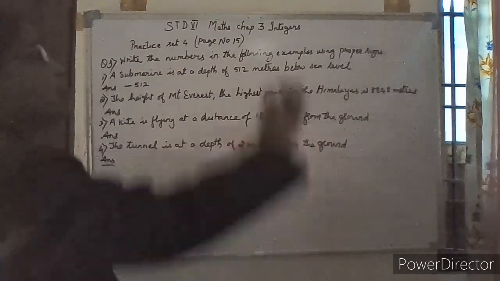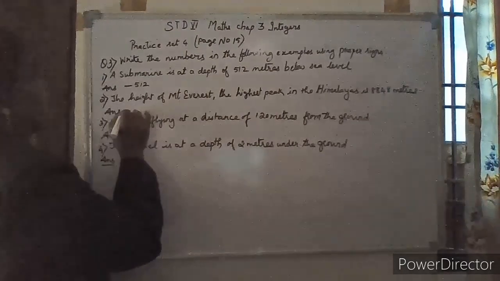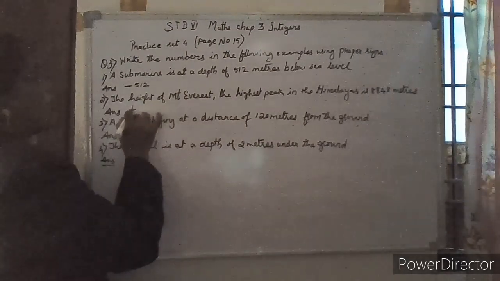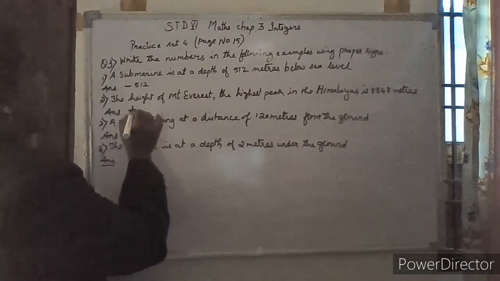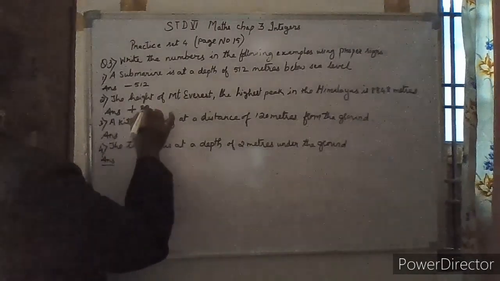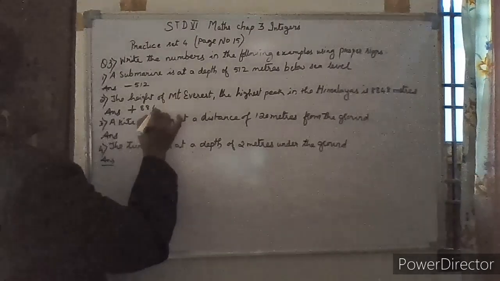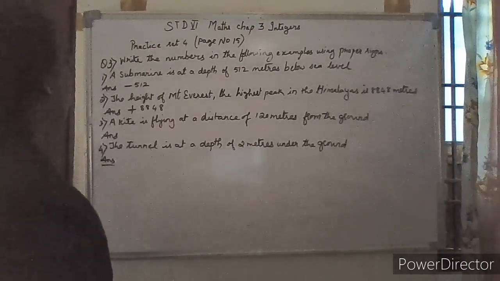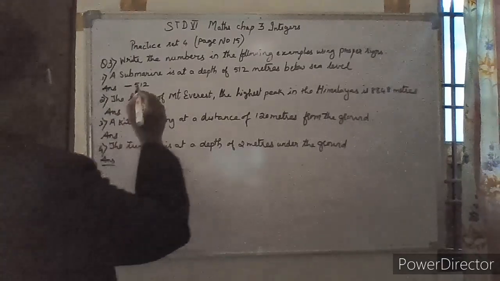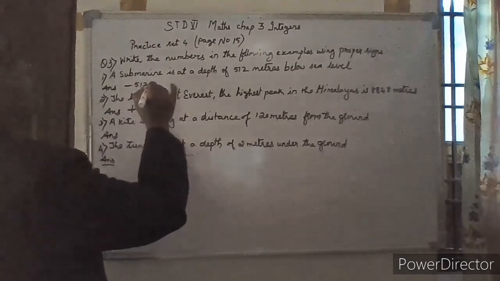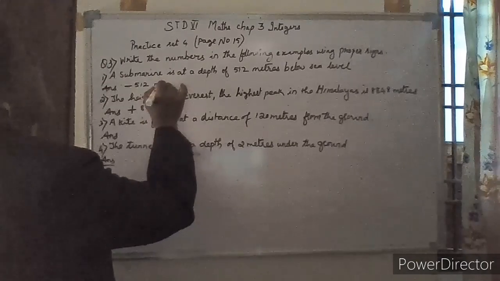So, it is above sea level. Therefore, we write this integer using symbol as plus 8,848. Next, we can write the unit as meters.